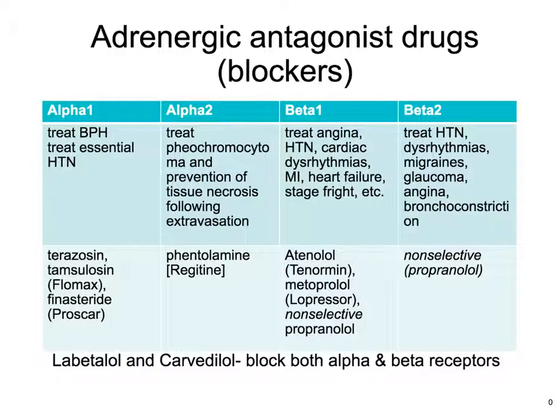These are non-selective, such as propranolol, a drug to treat hypertension, dysrhythmias, migraines, glaucoma, angina, and bronchial constriction. If a patient is using labetalol or Coreg, they block both the alpha and the beta receptors.